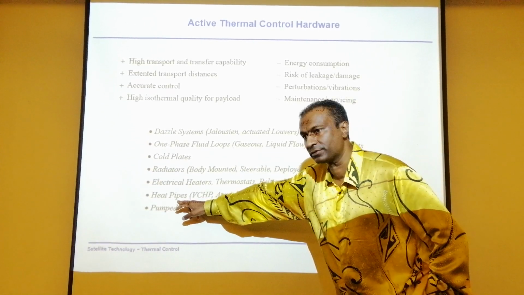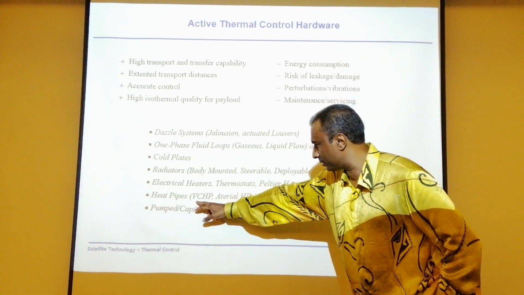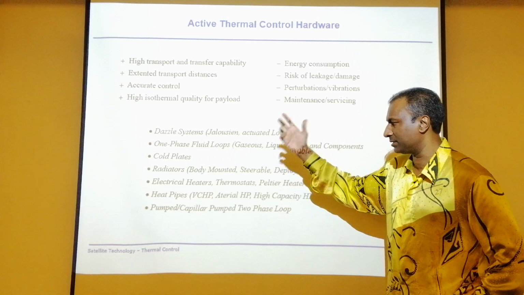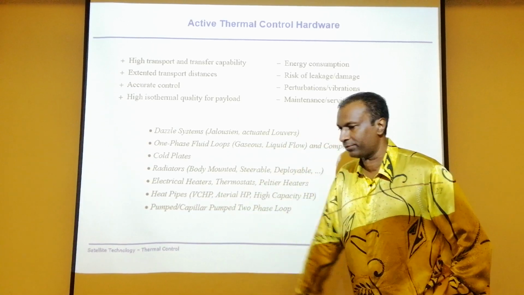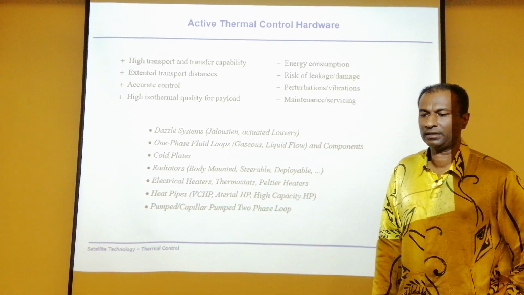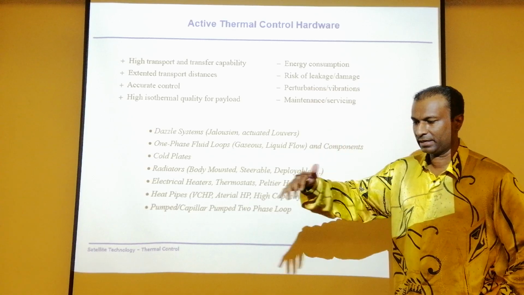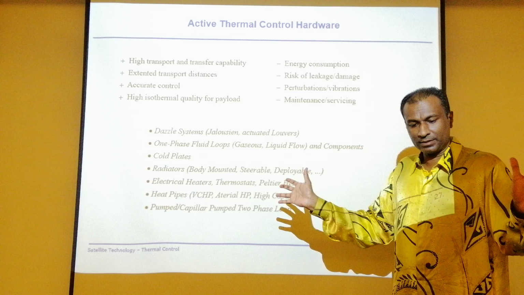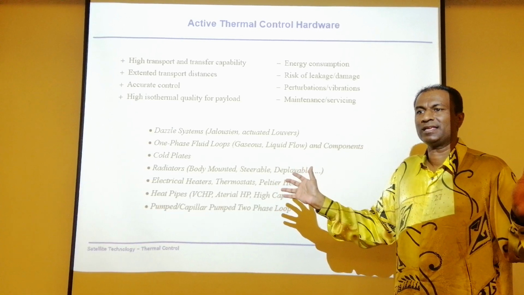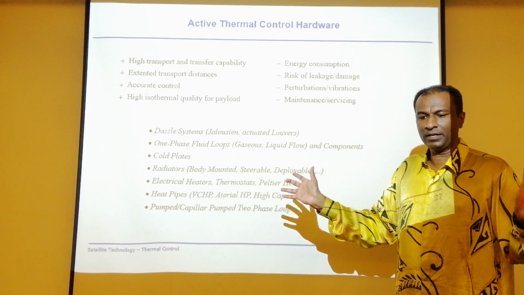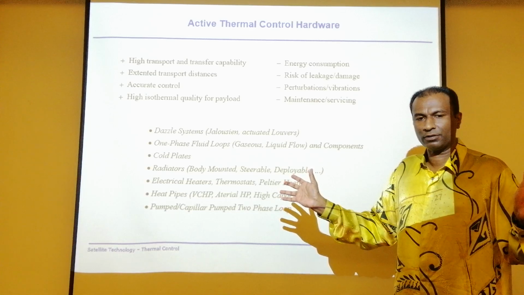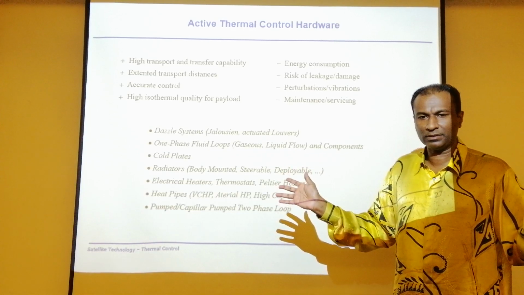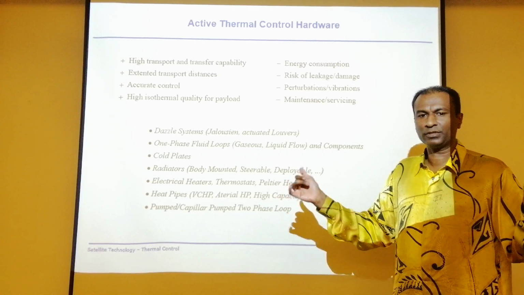Heat pipes are very common for satellites. You have a variable conductance, which is very typical, and a fixed conductance. I will provide you an actual example of how it is embedded in a satellite, especially in solar panels, because solar panels become very hot. In fact, when the solar panels are very hot, the performance of photovoltaic cells drops.